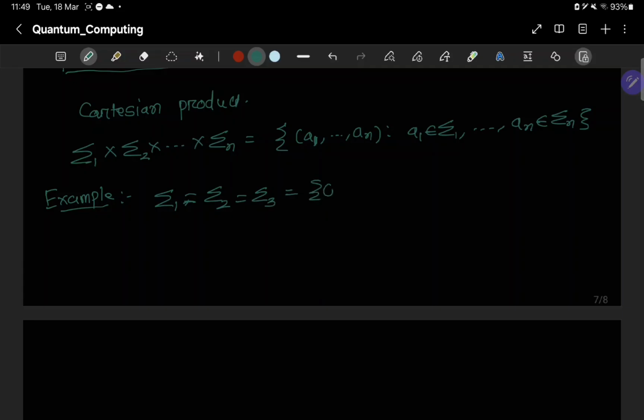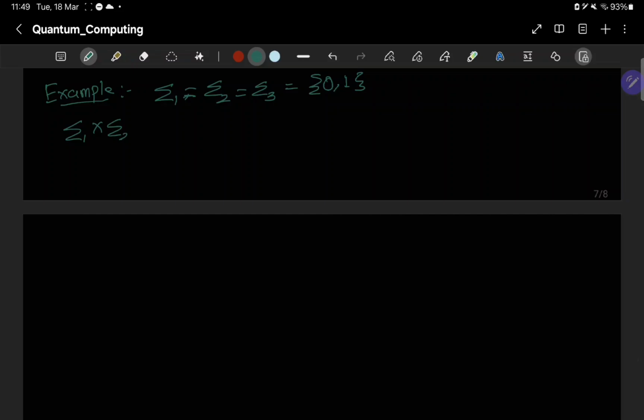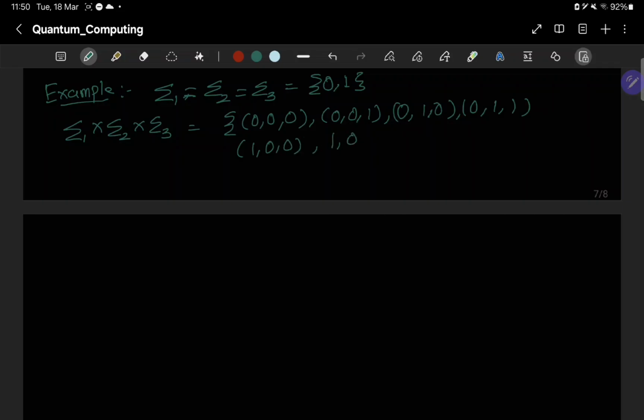All of them are bits, consisting of the states 0 and 1. Then the Cartesian product sigma 1 cross sigma 2 cross sigma 3 can be given as 000, 001, 010, 011, then 100, 101, then 110 and 111.